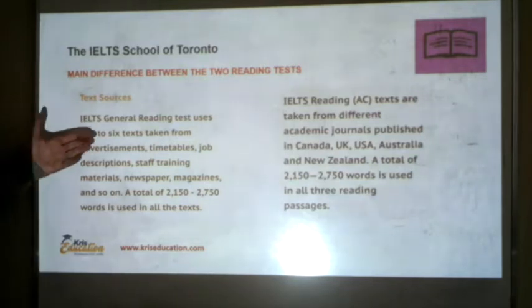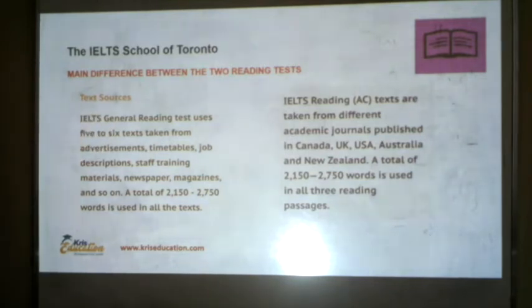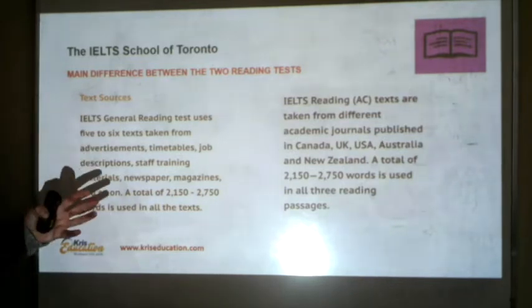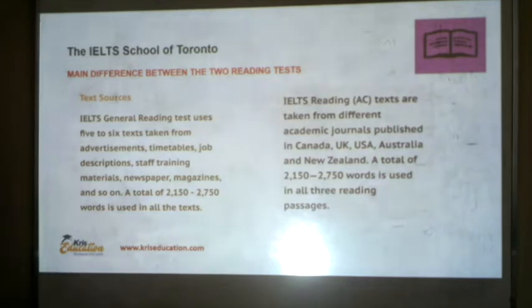So if you take the general reading test, you are likely to see texts such as timetables, staff training materials, newspapers, and so on. And if you're taking the academic test, IELTS uses texts that are taken from academic journals published in different countries. So the texts themselves are more academic in nature. This is the main difference between the 2 tests.